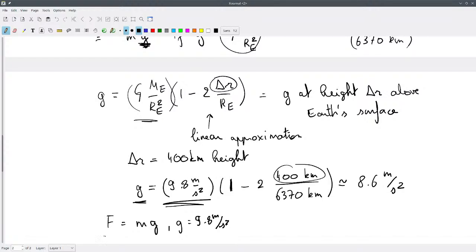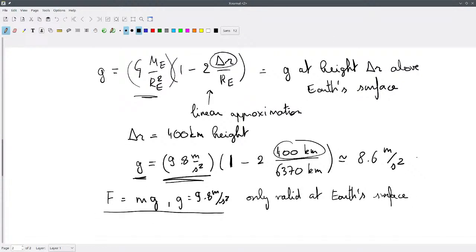Rather, it allows us to take this description, which is only valid at the Earth's surface, and extend the region in which we can talk about gravity.